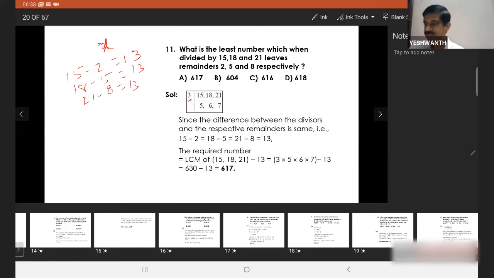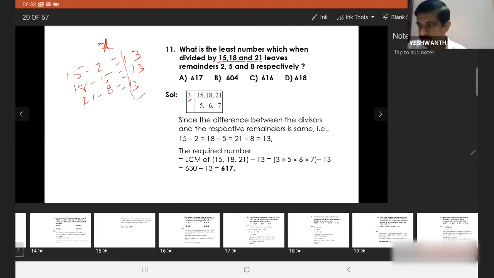But you have got the difference is common. So the LCM of 15, 18, 21 minus 13 will give you the number. Okay, this is what we did in the previous case, isn't it? So whenever you find something like this, you should find the LCM of these three numbers minus this common difference, whatever we got.